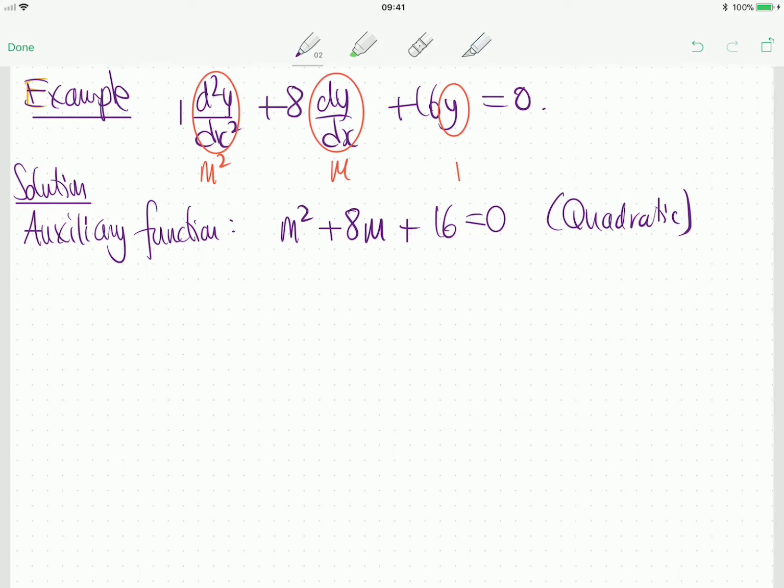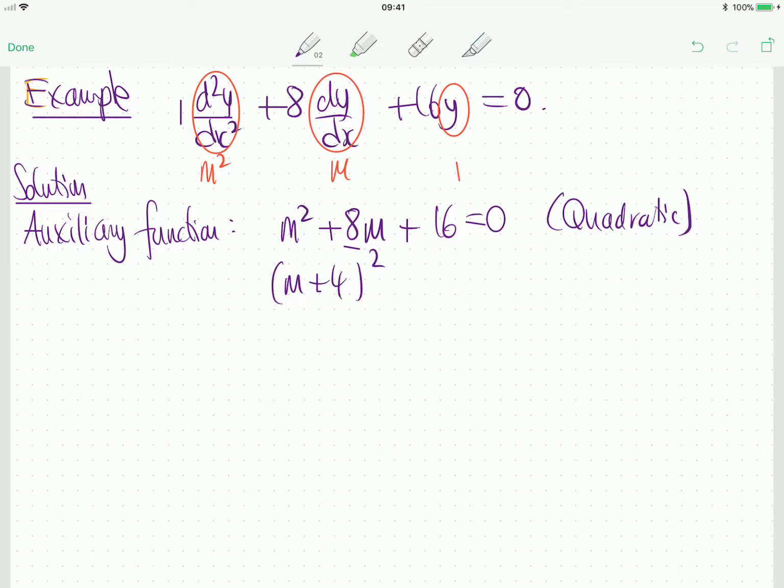So let's do that. How are we going to solve this one? We could factorize, complete the square, or use the formula. I think I'm going to complete the square just because I can see the coefficient of m is 8. Half of that, that's an even number, is 4.